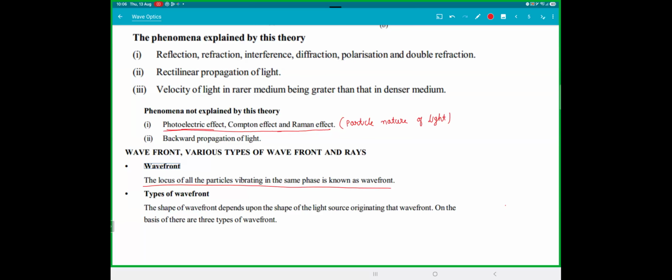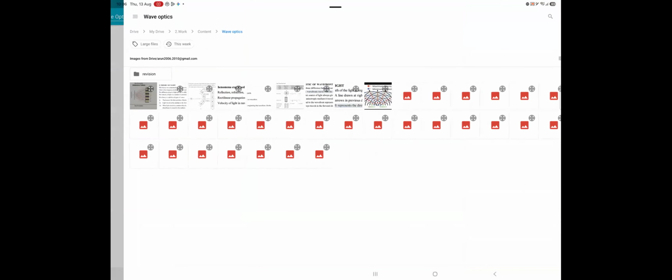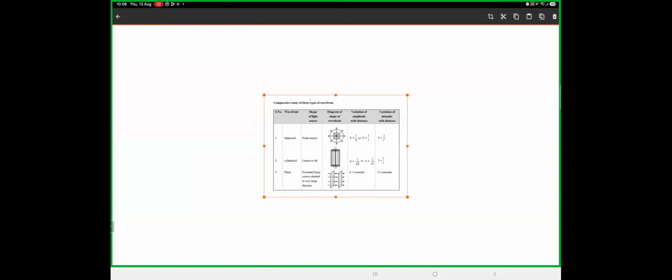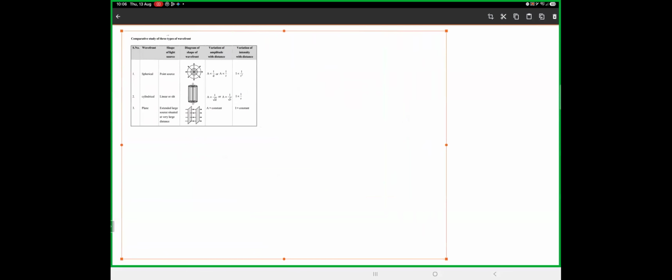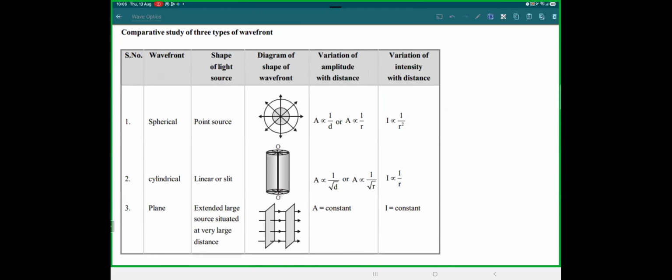Now for these wavefronts, depending on what kind of source you have, you get different wavefronts. If you have a point source, the sound will travel in the form of a sphere.